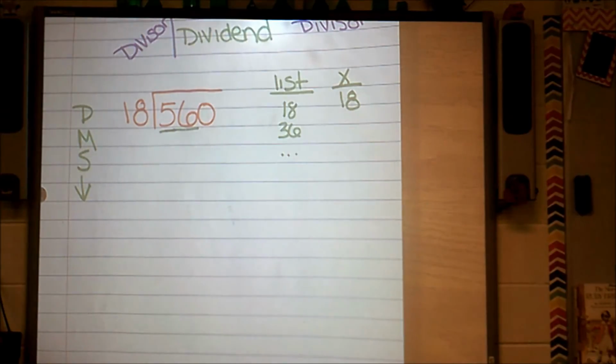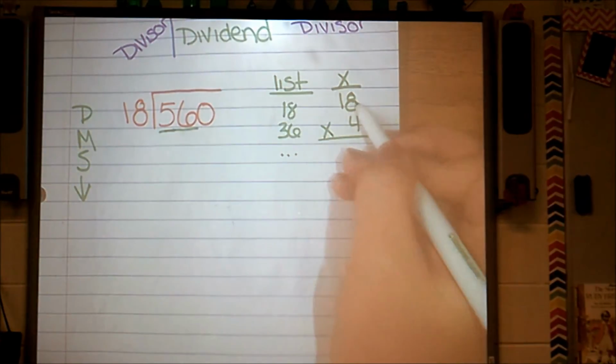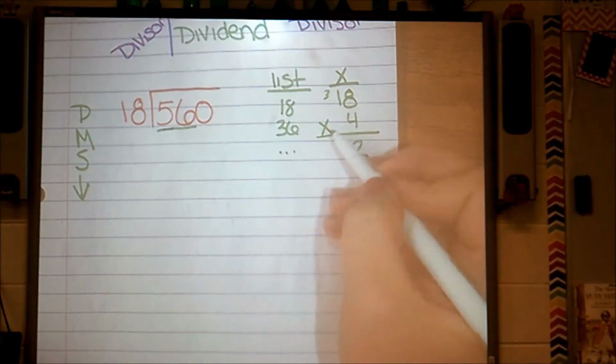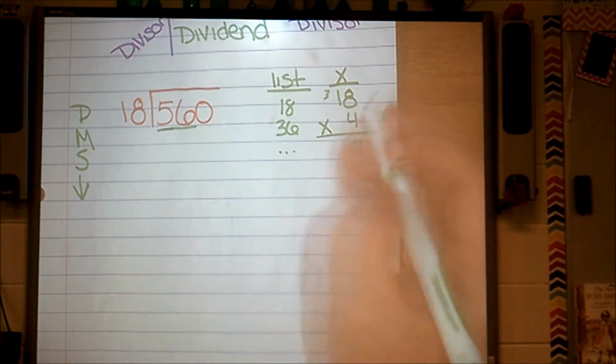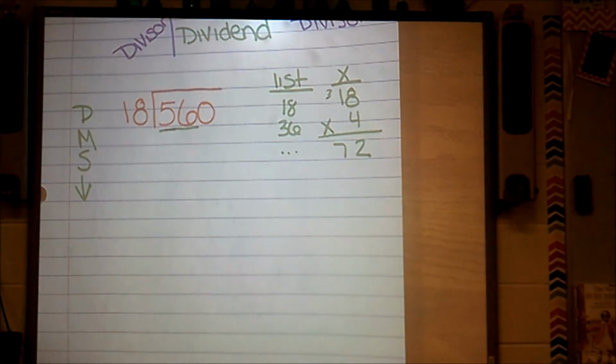Let's try 18 times 4. 8 times 4 is 32. 4 times 1 is 4 plus 3 is 72. That is way bigger than my 56. So that cannot be my number. So we try something different.